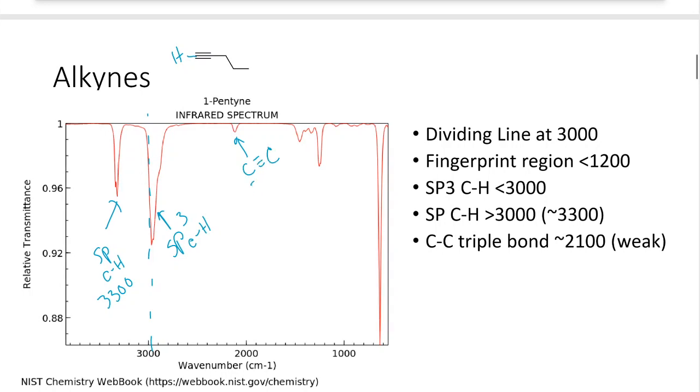And that occurs at around 2200 in the spectrum, or 2100. Okay, so those are the important peaks for an alkyne. And of course, here below, about 1500, we have the fingerprint region again.